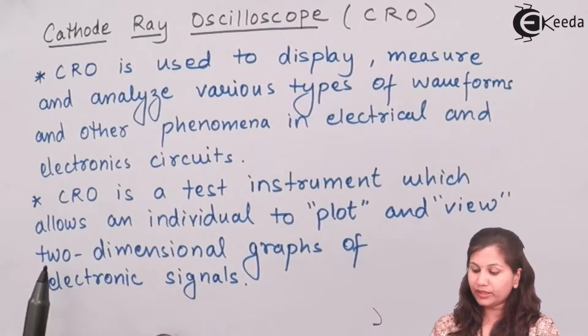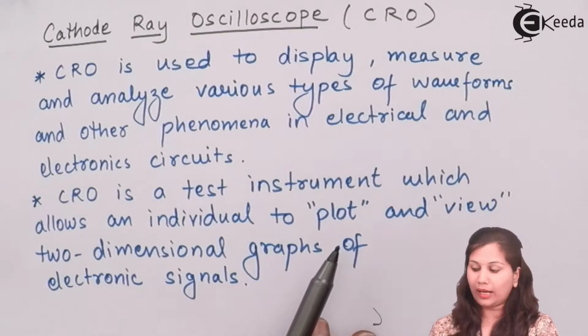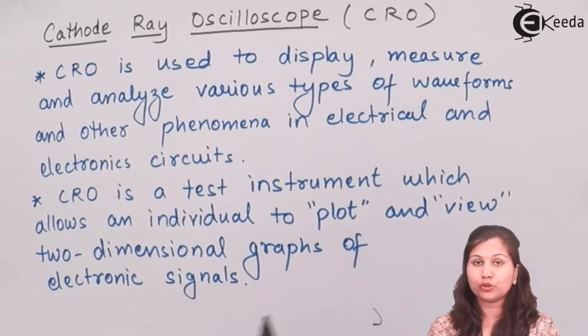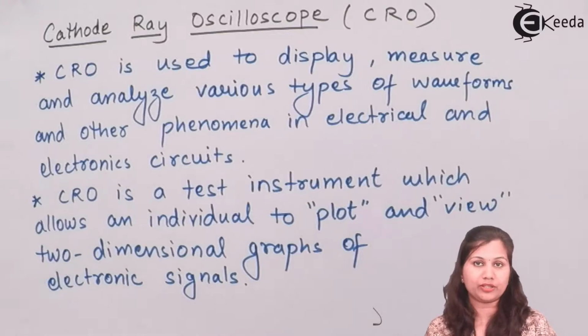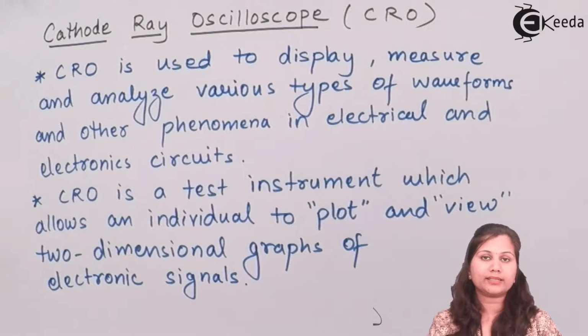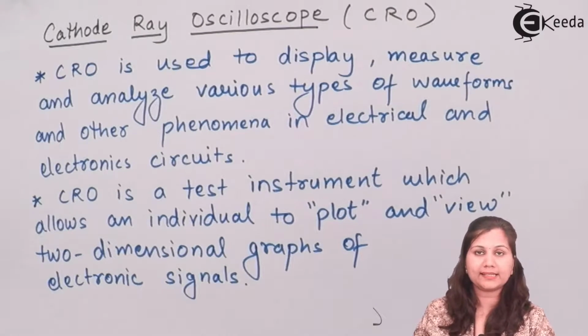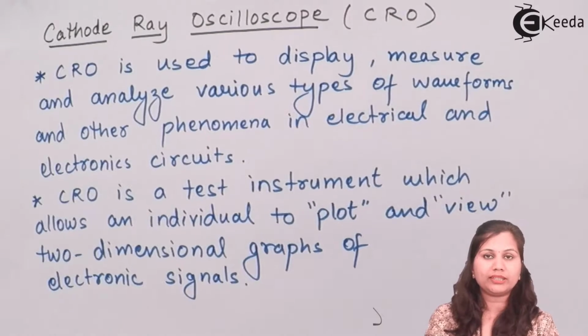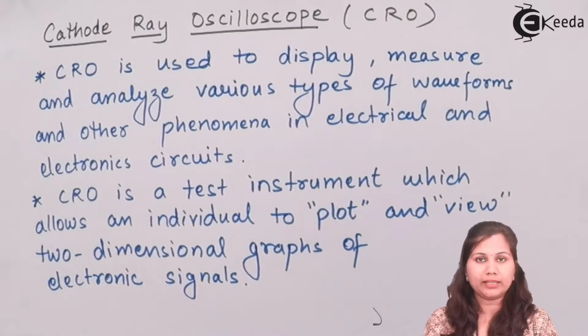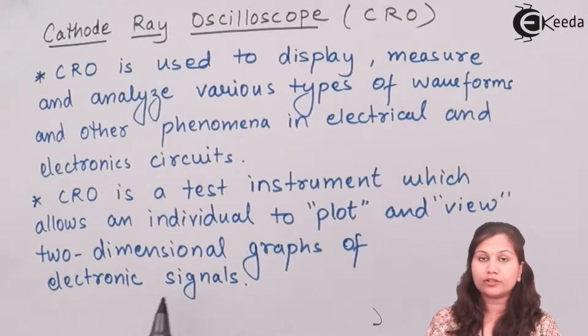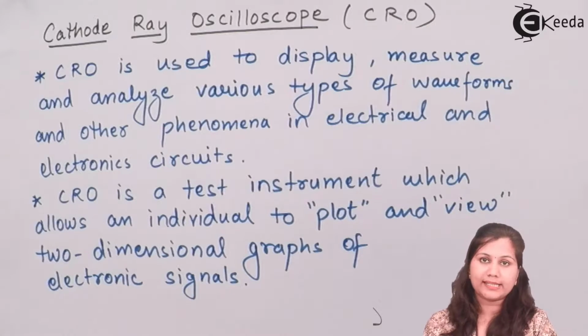It also allows the individual to view two-dimensional graphs, because we are plotting the signal on an XY axis. So we are getting a 2D graph of the electronic signals.